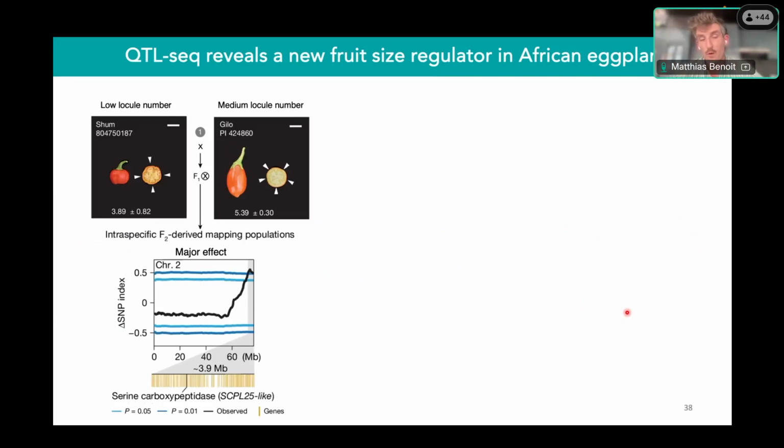We wanted to know what would be the impact of clavata3 on the fruit phenotype in Ethiopium. So to do that, we decided to use a QTL-seq strategy, where basically by crossing Ethiopium accessions with low locule number with Ethiopium accession with medium locule number, we could then map in an intraspecific F2 population the genomic regions that are associated with the phenotype of larger fruits, right?